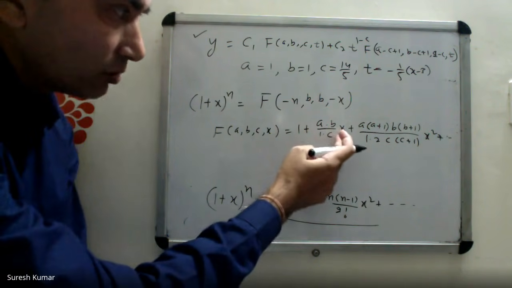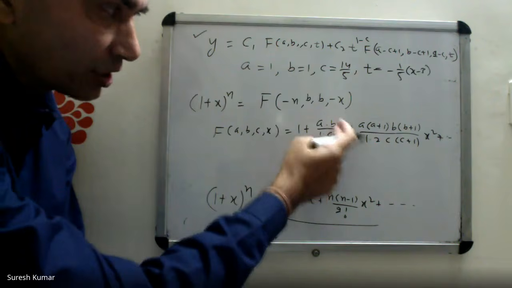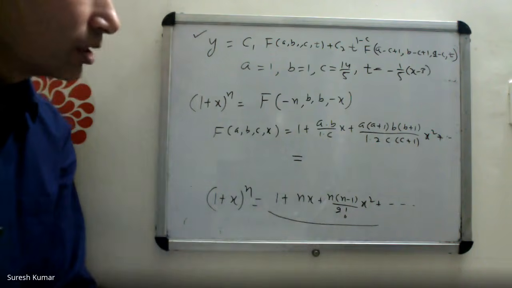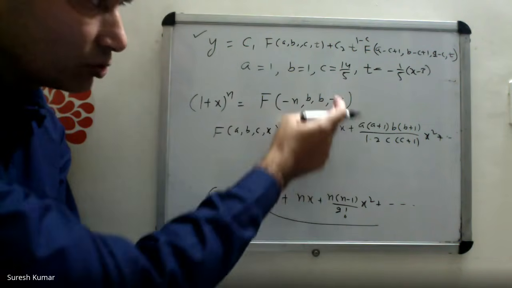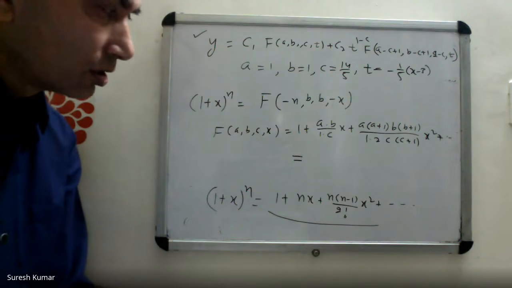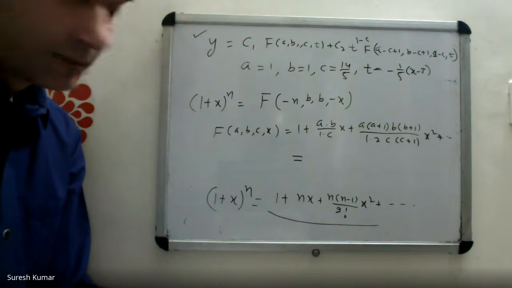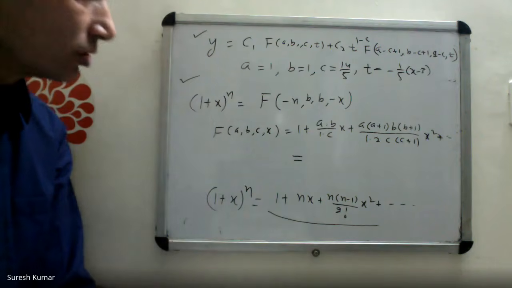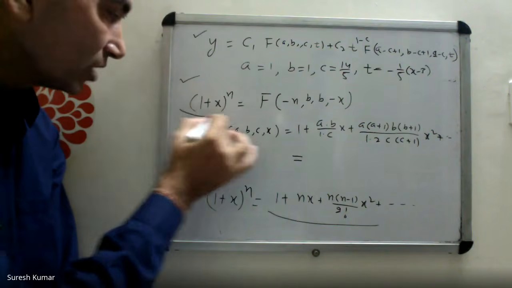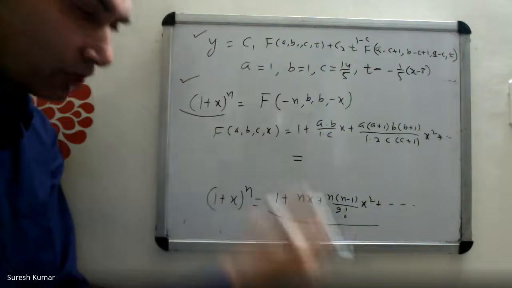B equal to c means these are cancelled, right? In place of a, you are using minus n. In place of x, you are using minus x. So this relation is valid. So you are able to express this elementary function in terms of the hypergeometric function.